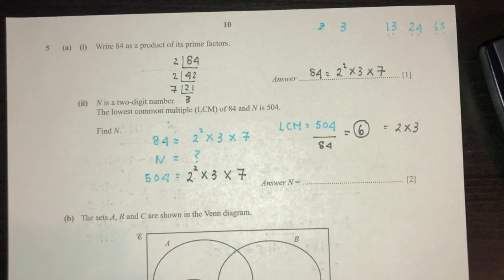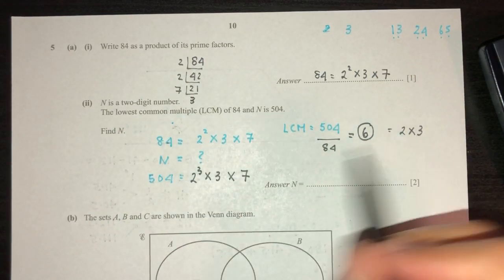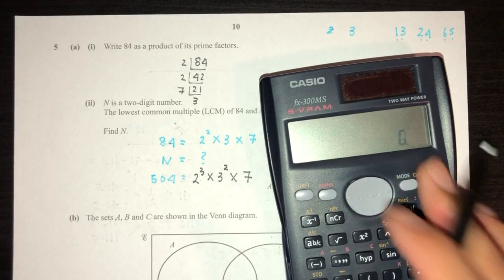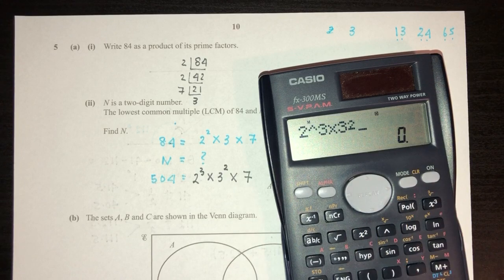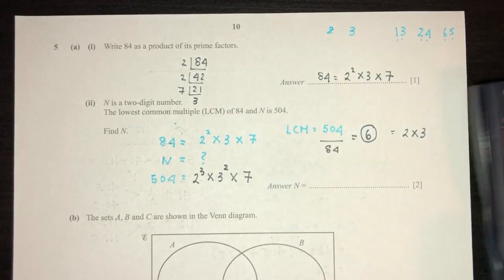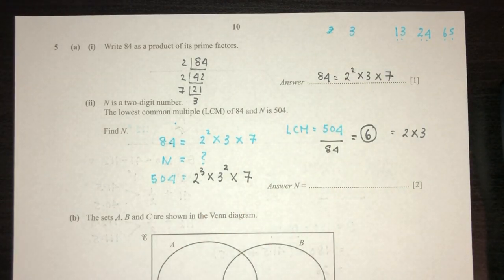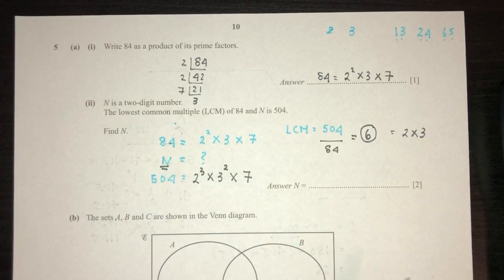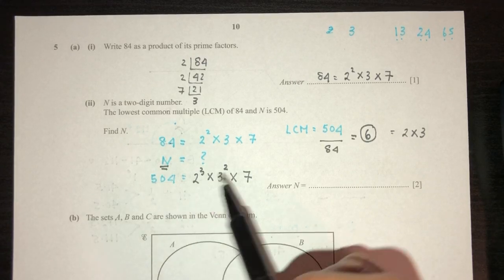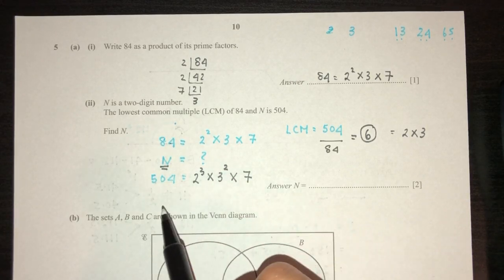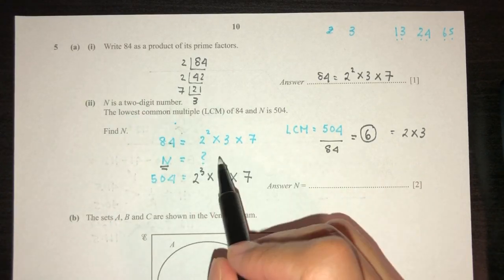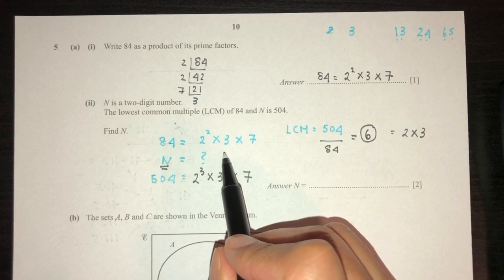It will be 2 power 3, 3 power 2, and 7. So let's check: 2 power 3 times 3 power 2 times 7 is 504, right? Now, given that n is only a 2-digit number, let's see what the possible values of n are. I feel like there may be many possible answers. So one value, let's say we don't know this for now, n can be, first value is 504.